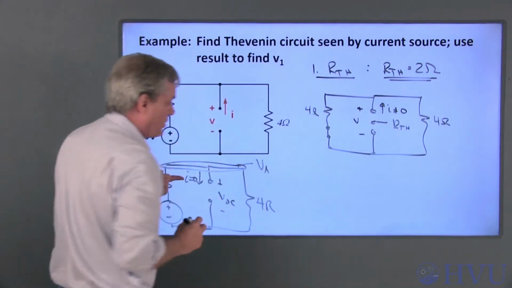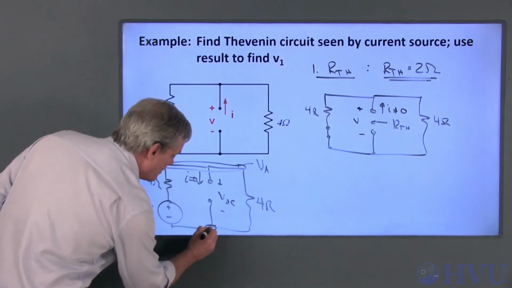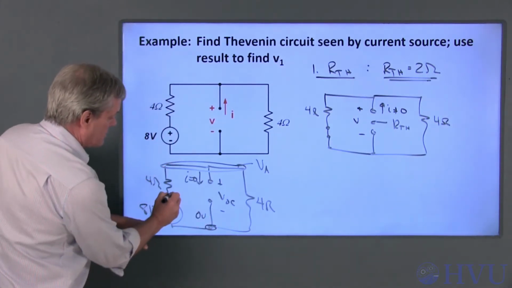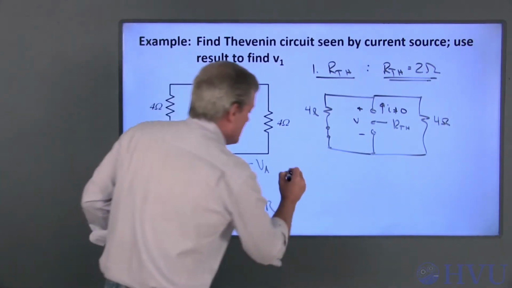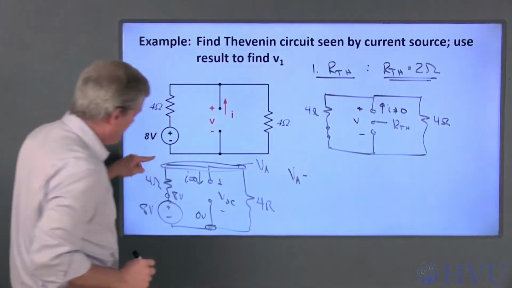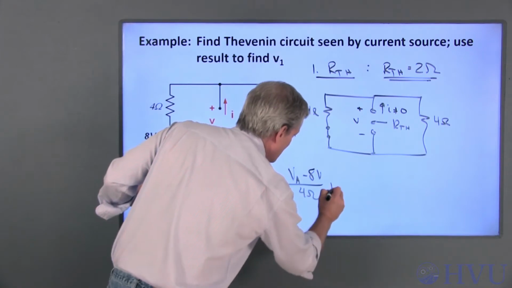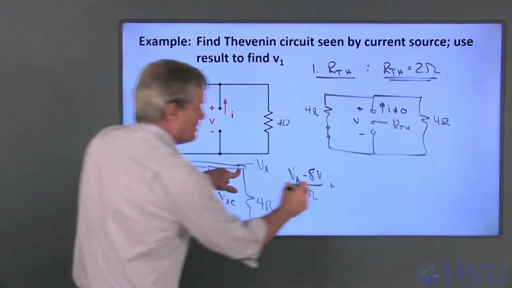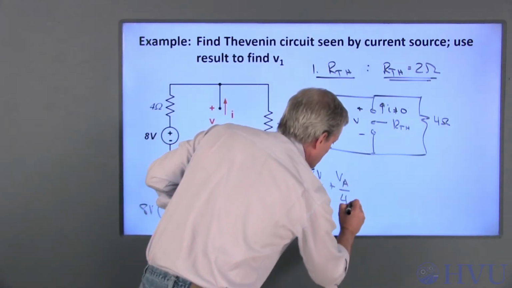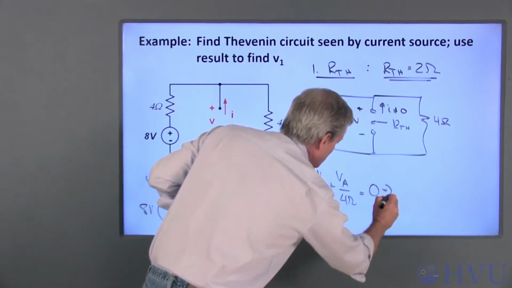Let's do nodal analysis at node A. This is 0 volts. This is a dependent node. It's 8 volts. So VA minus 8 volts over 4 ohms, plus this current, which is VA over 4 ohms, is equal to 0.